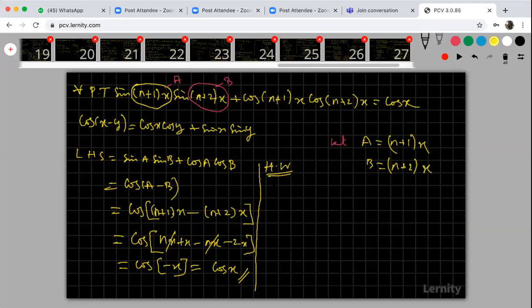Okay. So now let us take this homework problem. Prove that 3 sine pi by 6 secant pi by 3 minus 4 sine 5 pi by 6 cot pi by 4 is equal to 1.